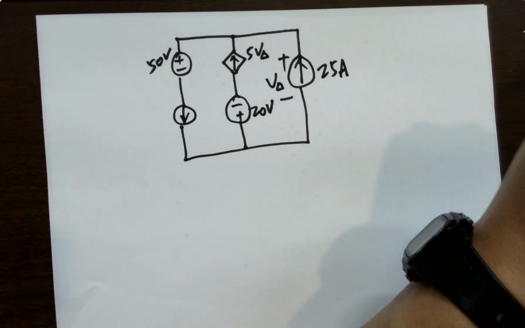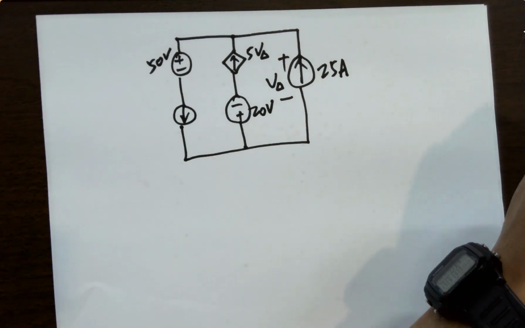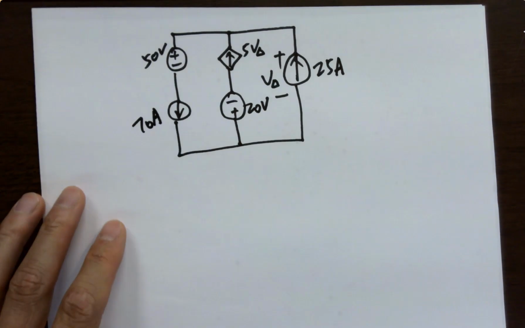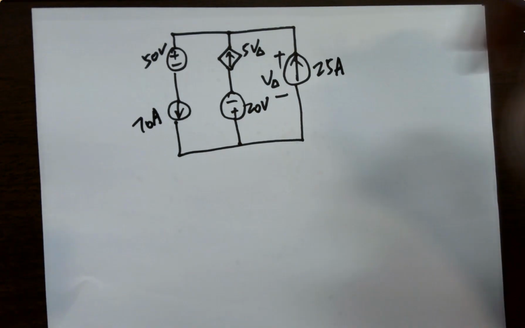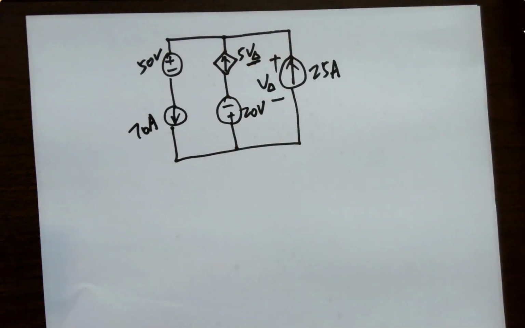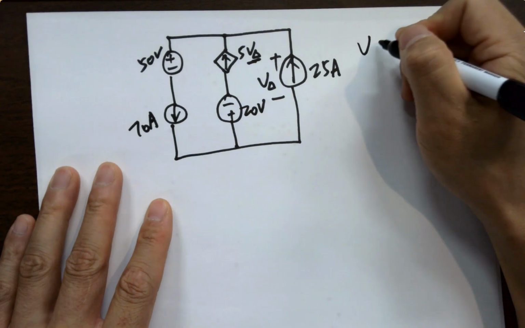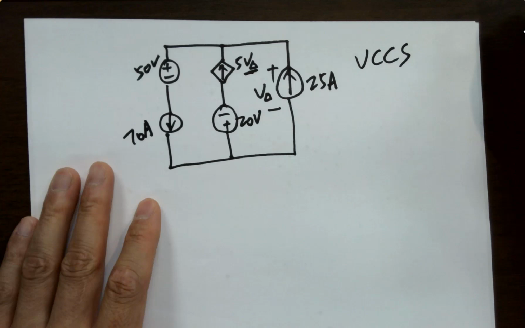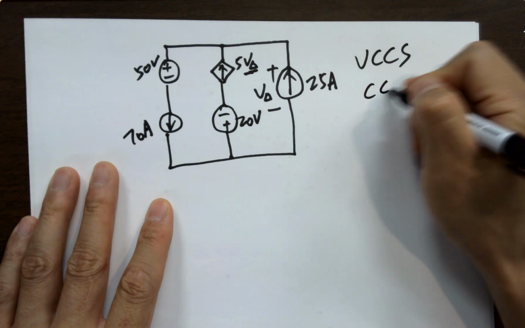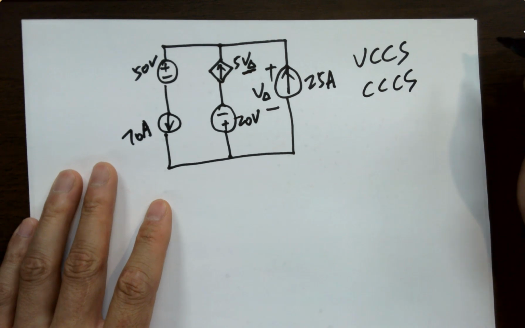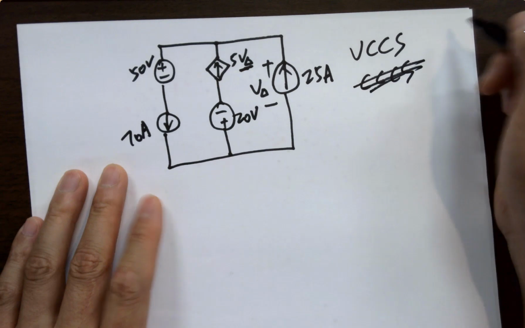What's the name of that source? Yep. It's a voltage dependent or voltage controlled current source. Voltage controlled current source.